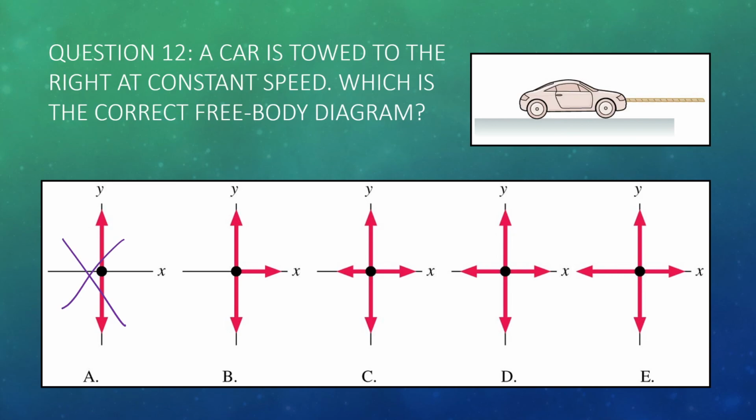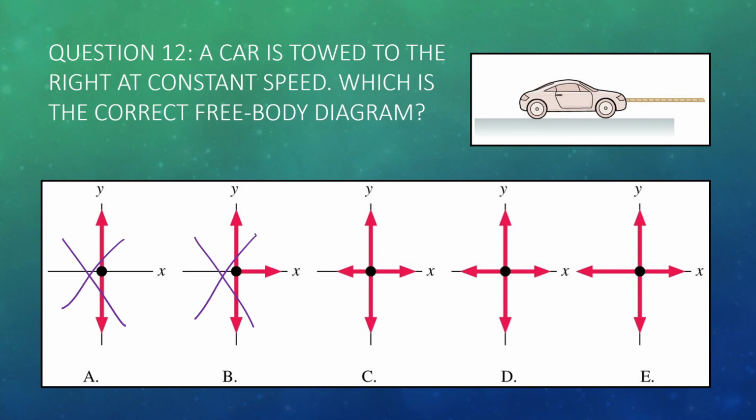But there should also be a force resisting the car's motion. It doesn't say that it's frictionless. So there should be a friction force resisting the car's motion as well, against the direction of the car, so to the left. So there isn't a force to the left in B. We can rule that one out as well.